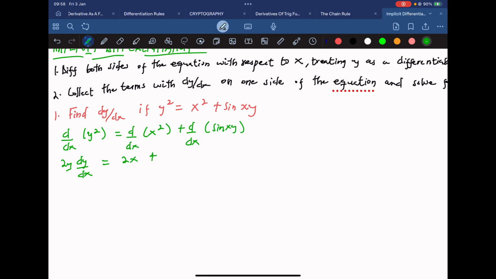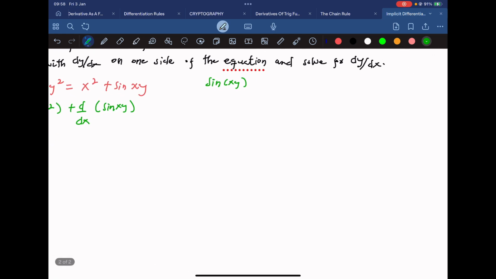Plus, now to differentiate sine of xy, remember we have to use the chain rule. So to use the chain rule, let's say we let u be equal to xy.